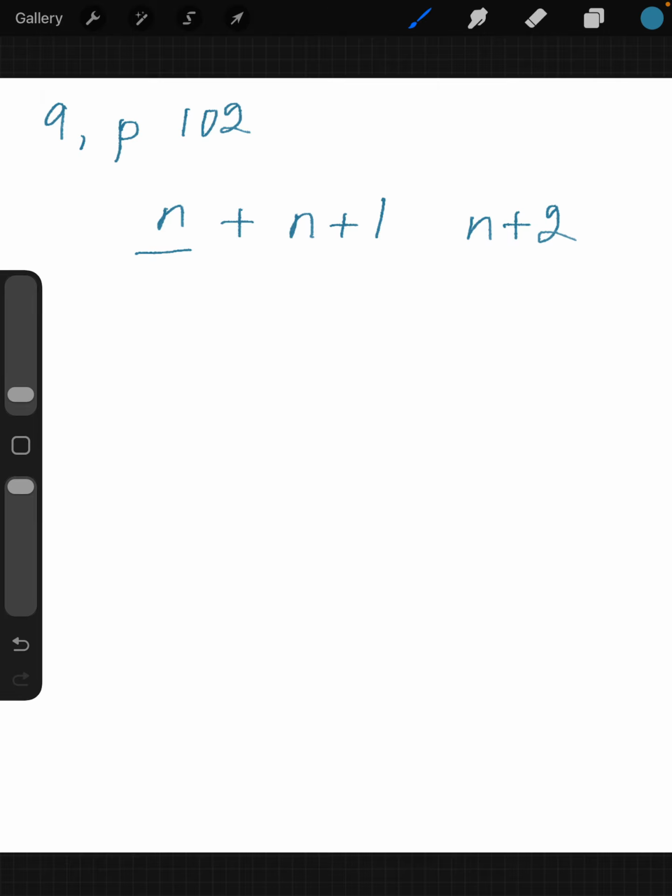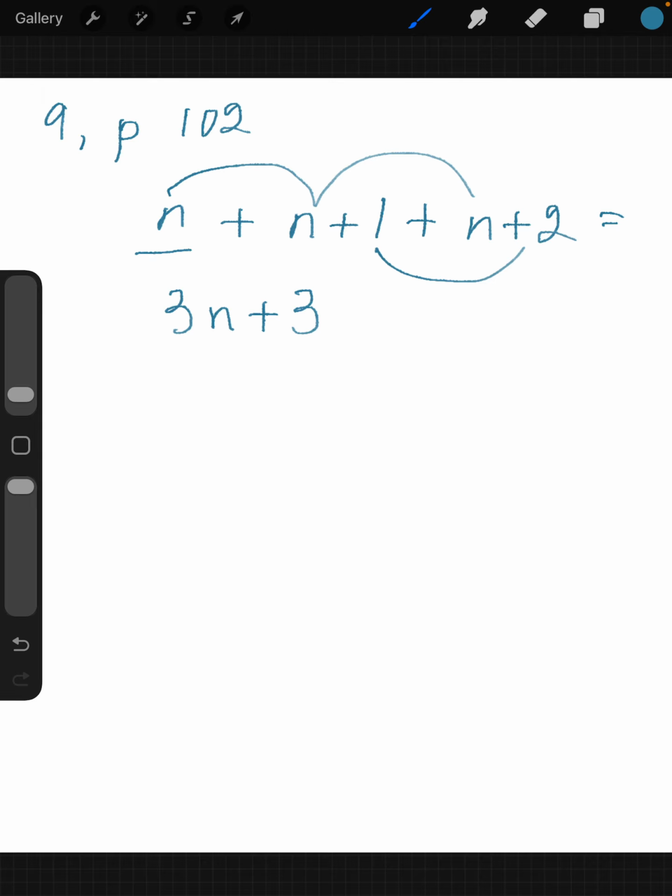Find the sum of the 3 integers. Okay, well, that doesn't seem to be a problem. So we've got 3 n's here, which literally have 3 n's. And then we can add the constant terms together. 3n plus 3 is your answer.